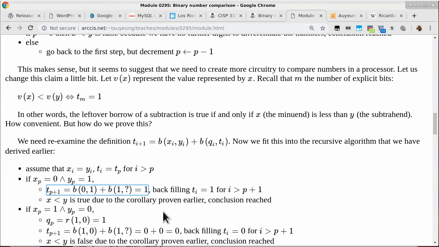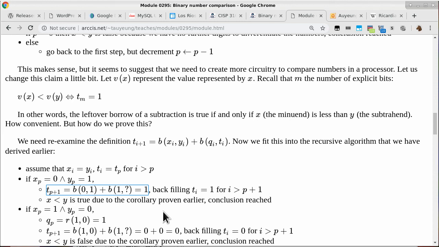So we look at this equation. x_p is a 0, it goes into here. y_p is a 1, it goes into here. We don't really know this one, but we kind of know that this has to be a 1. So the question is, is the result a 1 or not? If you look up at the truth table of the borrow bit computation, if you subtract a 1 from a 0, you do end up with a borrow.